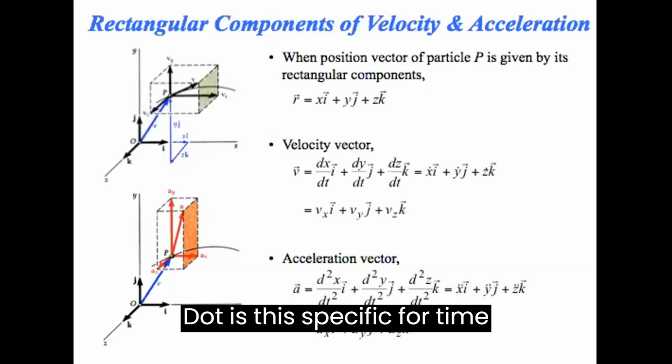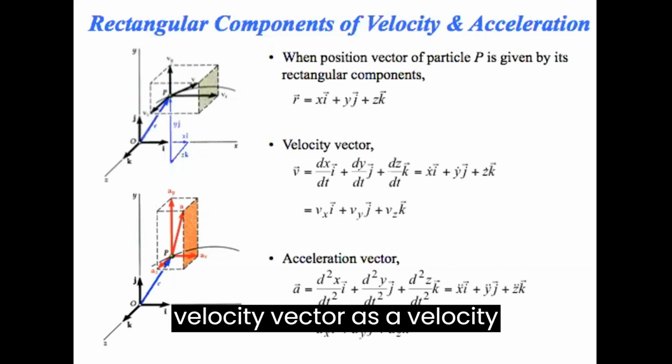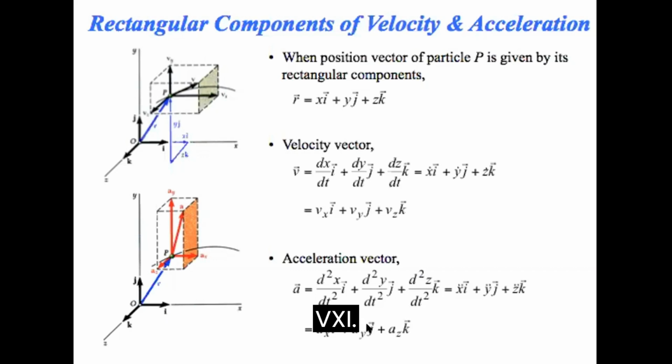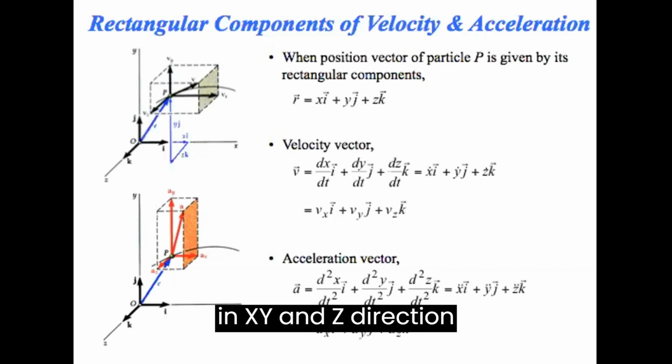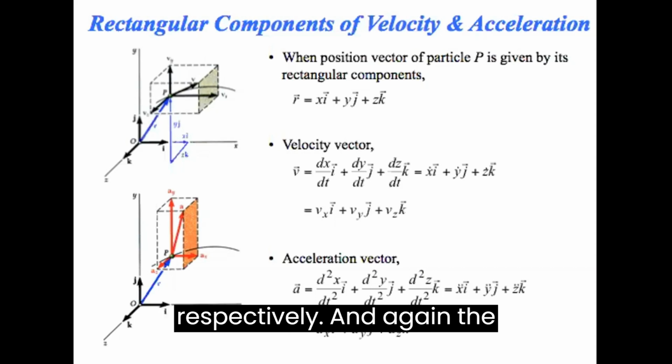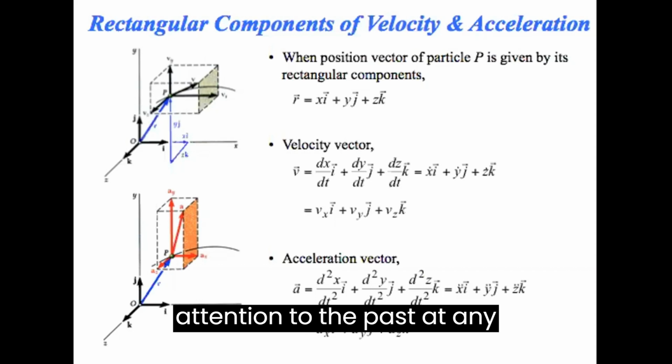Dot is the specific notation for time derivative. Also, we can write the velocity vector with velocity components, where vx i, vy j, and vz k represent the velocity of the particle in the x, y, and z direction respectively. And again, the velocity is always tangent to the path at any point.